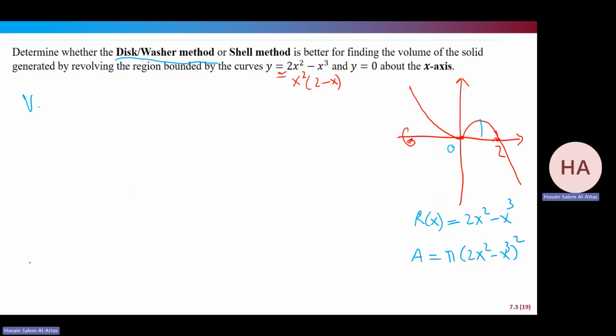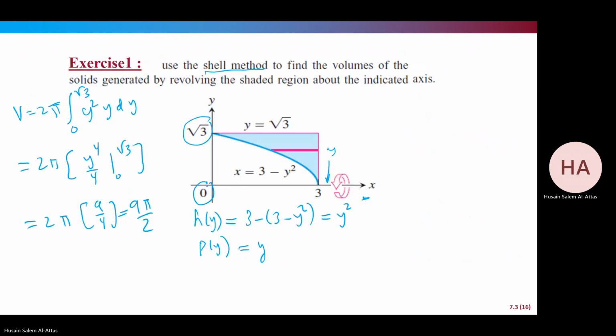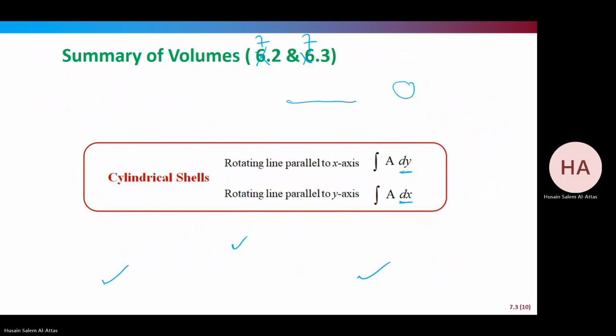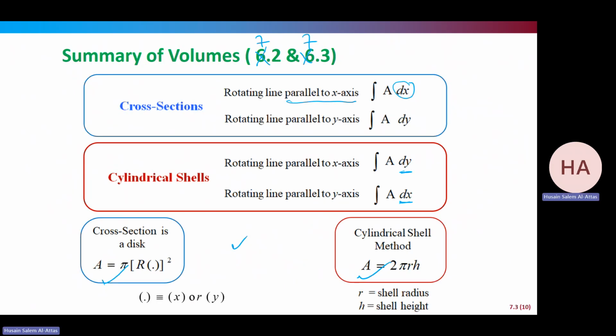So the volume will be equal to pi integral from 0 to 2. Yeah, the formula for the disk is pi, and for the shell, I have 2 pi.